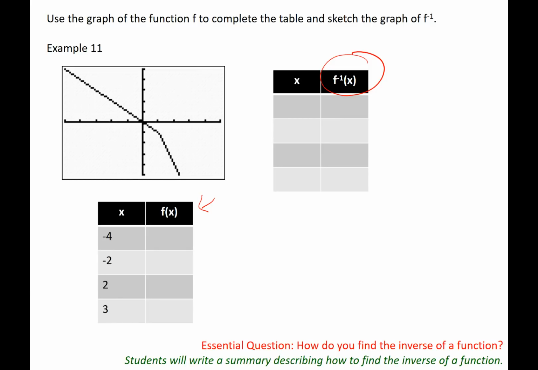So I'm going to go to -4 on the x. And we're going to come over and bring that over.